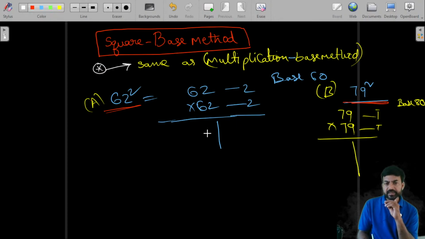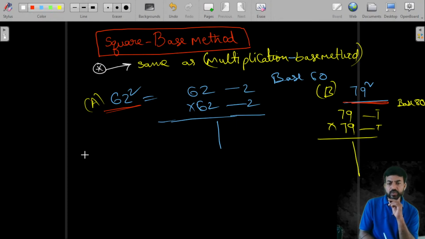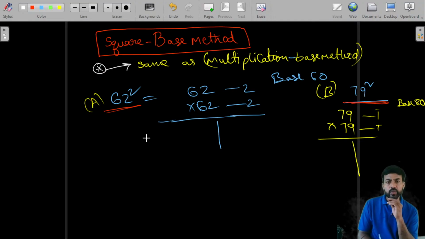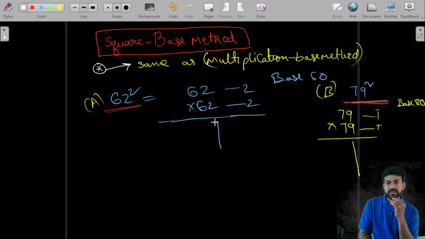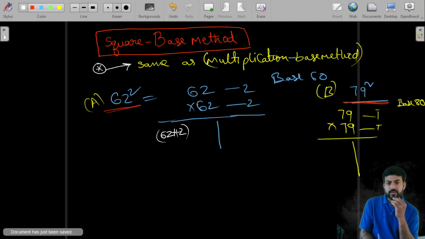We have two methods for this. 62 square, you can do in the universal method or this base method. So multiply the differences in this part. In this part, 62 plus 2 into the first number of base, 6.